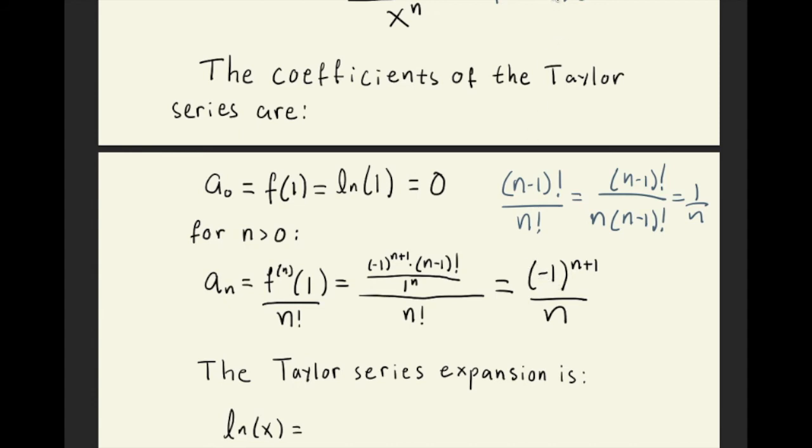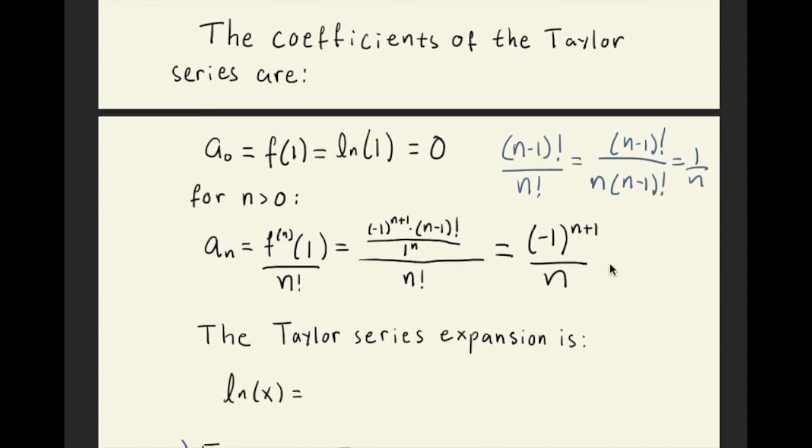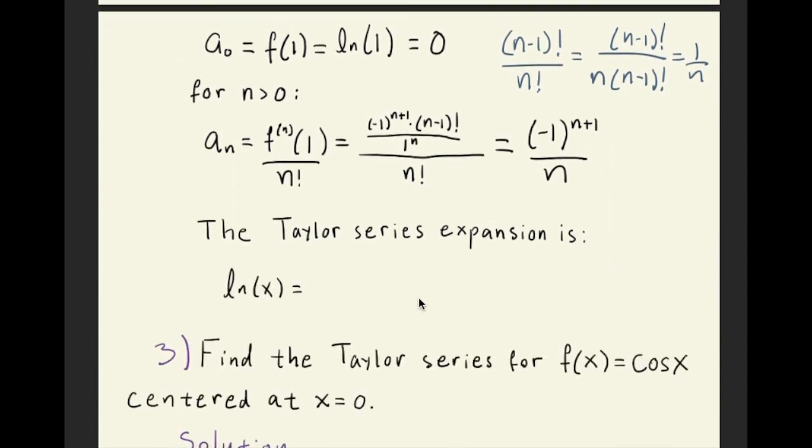So, hopefully it's clear. Basically, like 3 factorial over 4 factorial: 3 factorial is 3 times 2 times 1, and 4 factorial is 4 times 3 times 2 times 1.